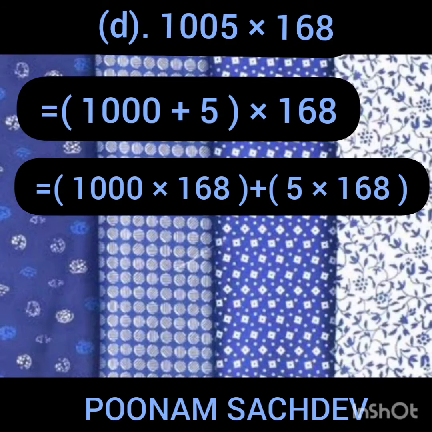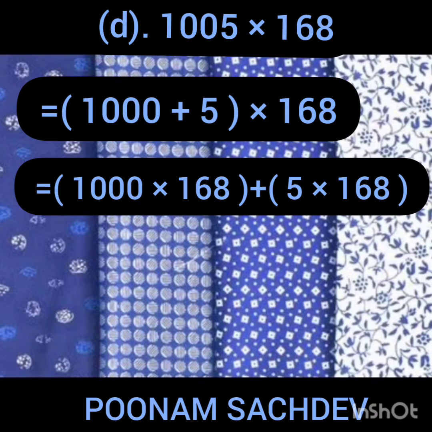Let's multiply 1000 with 168 first and then multiply 5 with 168.